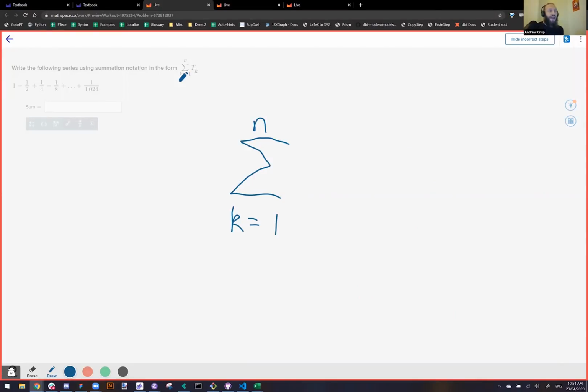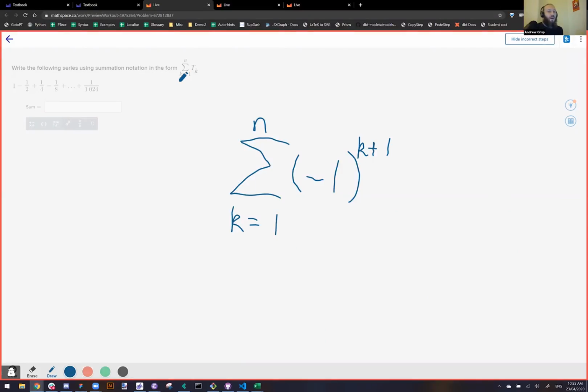And so how do I get, when k equals 1, I want the thing to be positive, but when k equals 2, I want it to be negative. I'm actually going to do that using a nice trick, which looks like this. This is only the sign part, but let's think about why this works.